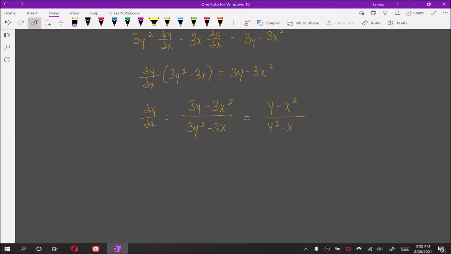We now want to evaluate this at the point (3/2, 3/2). So we get 3/2 minus 9/4 over 9/4 minus 3/2. And with some cleverness, you should see that that is negative 1.